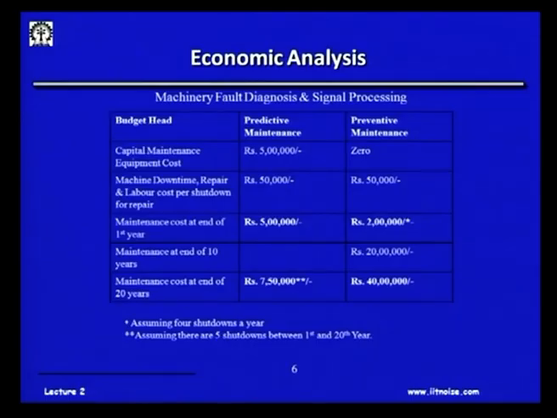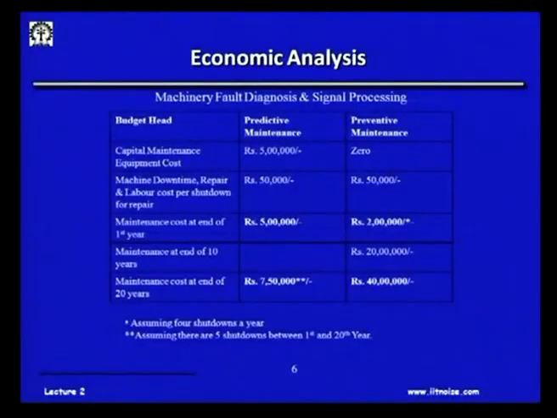Because from day one I need to do predictive maintenance so that I have the right equipment and infrastructure to acquire the signal and know the machine's condition. So that is why this 5 lakh has to be spent on day one. But in the long run, we save more than about 32 lakhs in 20 years if you do such an accounting.